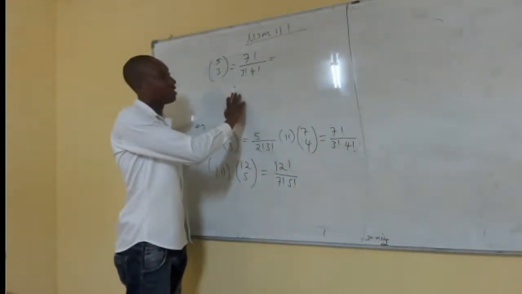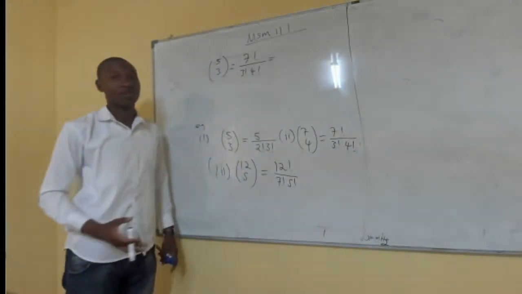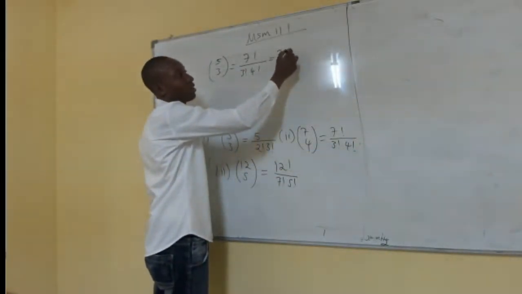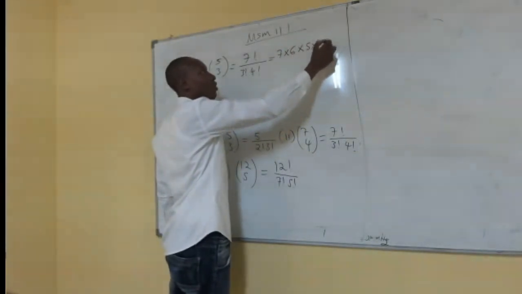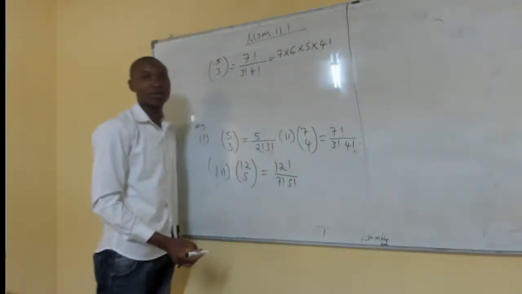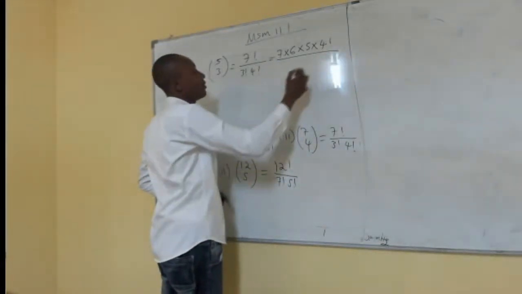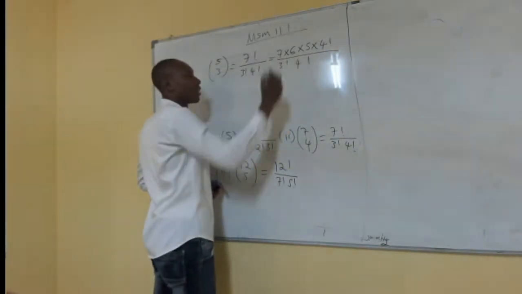The largest in the denominator is 4, alright? So I'm going to end at 4. So this is going to be 7 times 6 times 5 times 4 factorial, because the largest number in the denominator is 4, over 3 factorial 4 factorial.